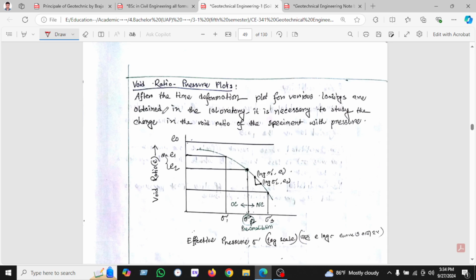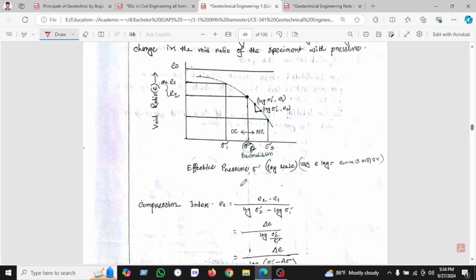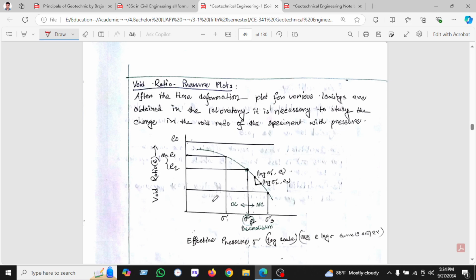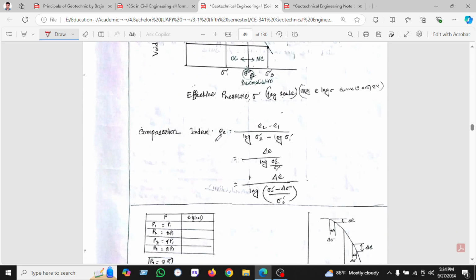Okay, let's see the void ratio pressure curve, which is called the e-log P curve. We can see here the e-log P curve and the compression index Cc. This is the most important formula, as we know, but we are seeing how the formula is derived.